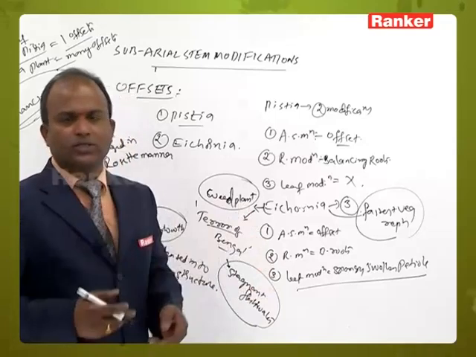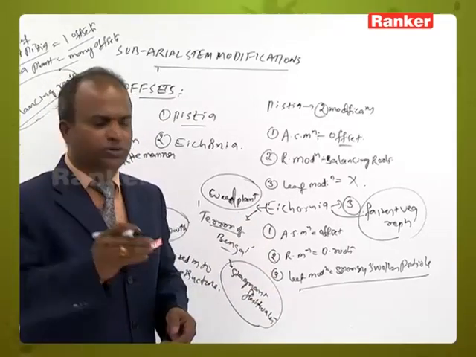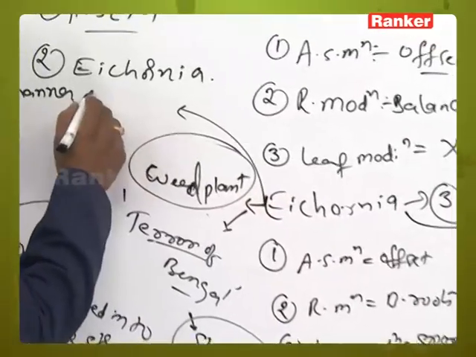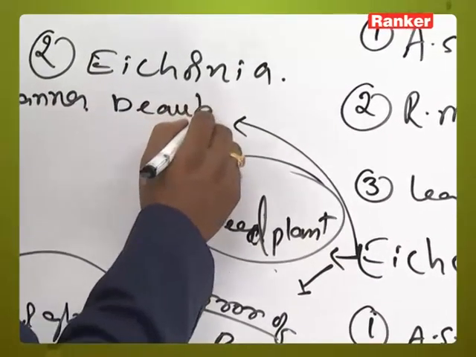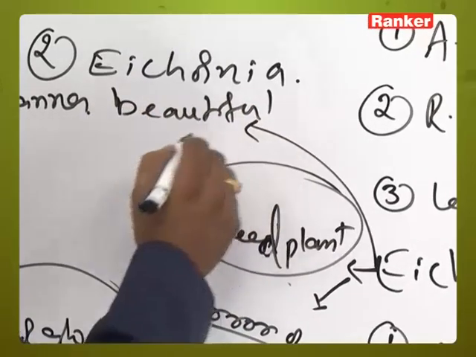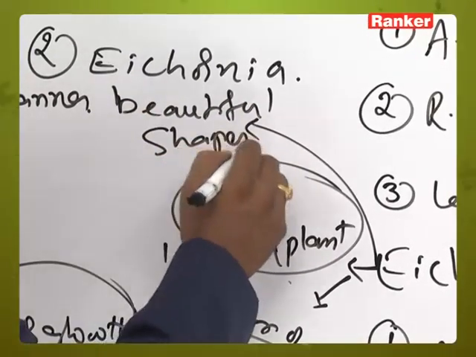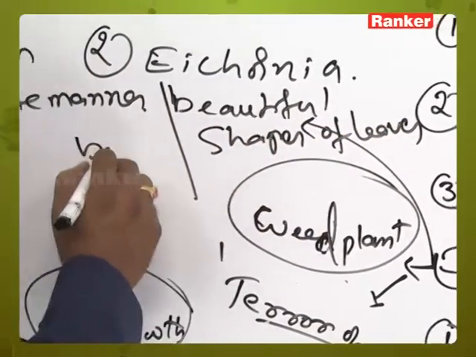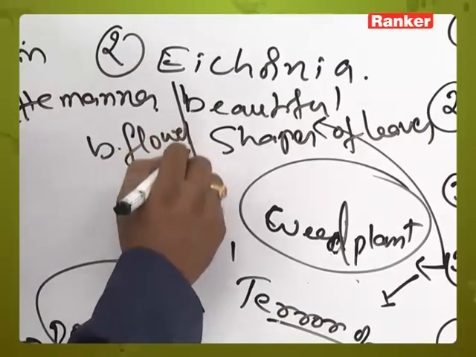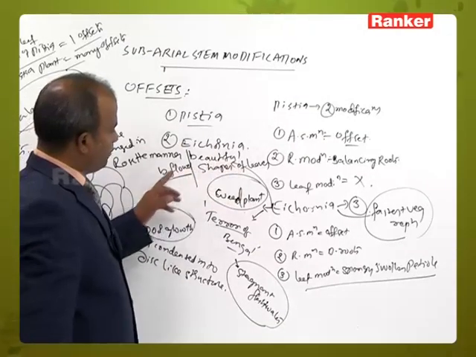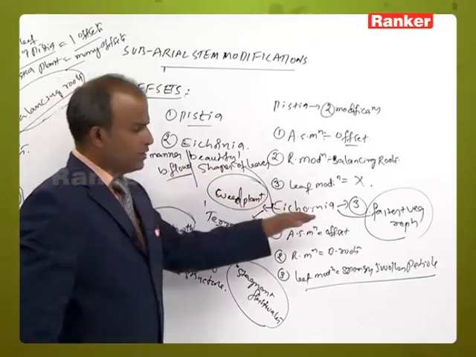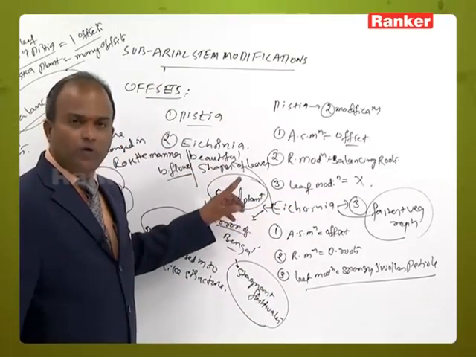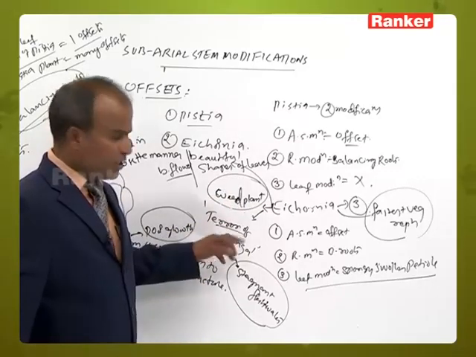Why was it introduced into our country? Just because of the beautiful shapes of leaves and beautiful flowers, this Eichhornia was introduced into our country, though it is an invasive weed plant called the terror of Bengal.